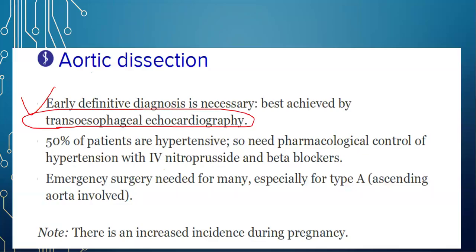So very important. If transesophageal echocardiogram is not an option, then CT angiogram is another option that we can do. But transesophageal echo, which is called TOE, is the best investigation to diagnose an aortic dissection.